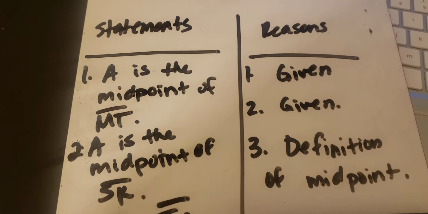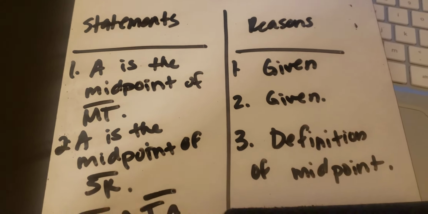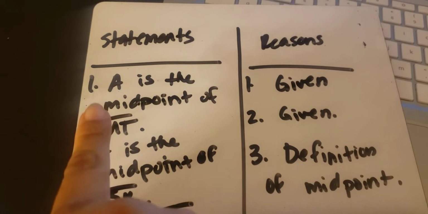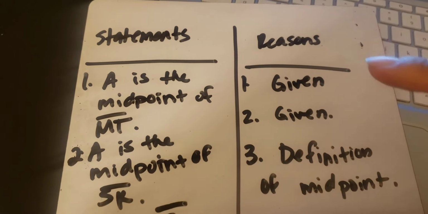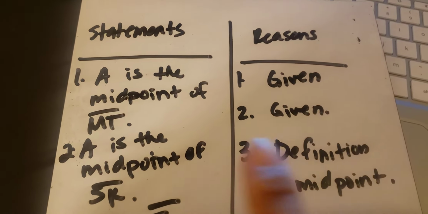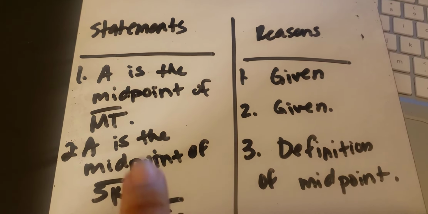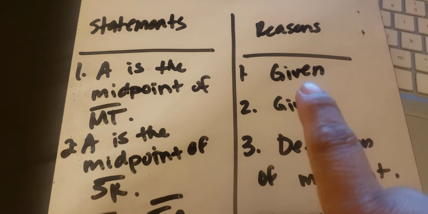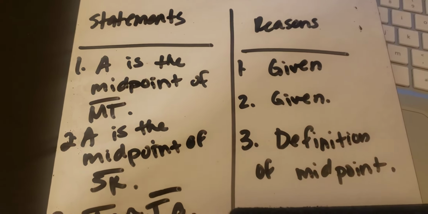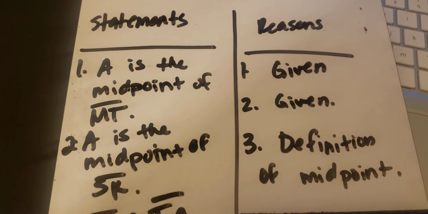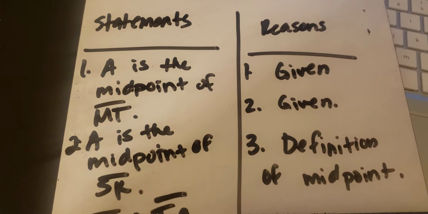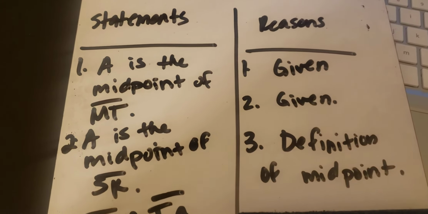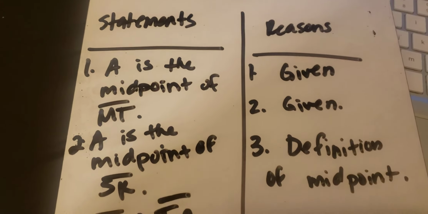Okay, so here I started a 2-column proof. In a 2-column proof, on the left-hand side, you have your statements. On the right-hand side, you have your reasons. Notice my first 2 statements are what was given. So I wrote given and given. It's a matter of preference, depending on your teacher, depending on the book, and also the more you practice, how you want to write things.